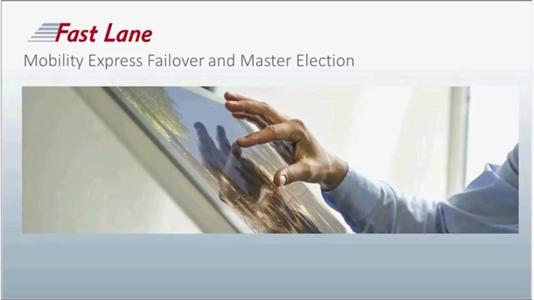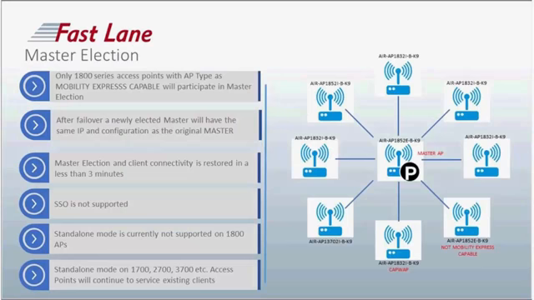But in order for RRM to work, in order to manage your access points, you really need to ensure that there is a master within your solution. So for redundancy, it's better to have two 1800 APs, where when one goes down, the other one will automatically fail over. So we have what's known as an election process.